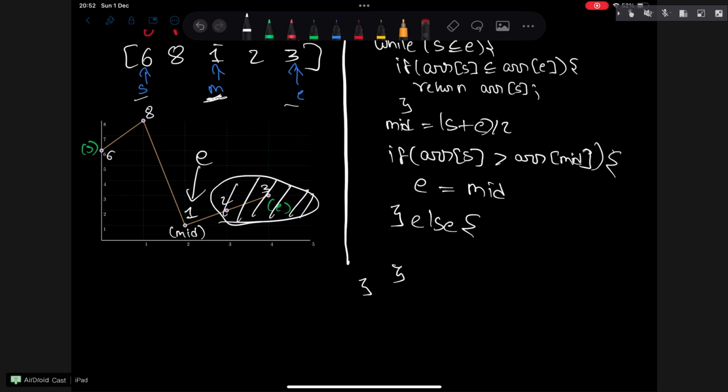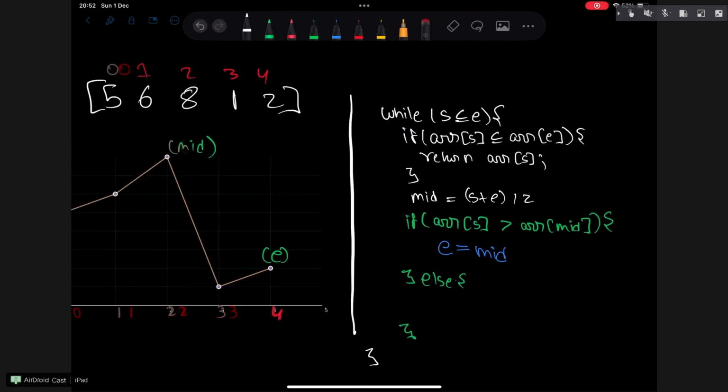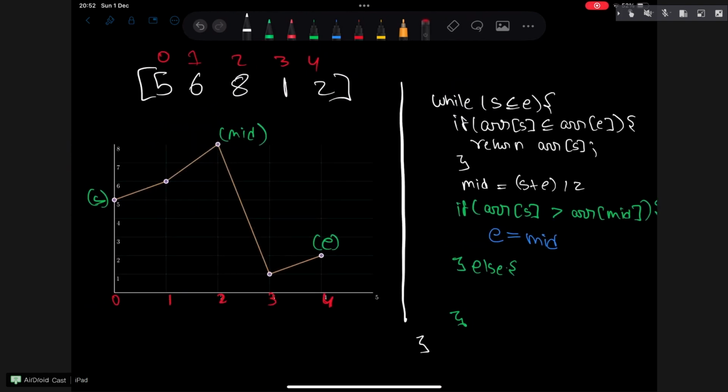Let's take another example now. Let's say the array was 5 6 8 1 2 and the mid was pointing here, on the second index. In this case, the relation between s and mid is not decreasing but increasing.